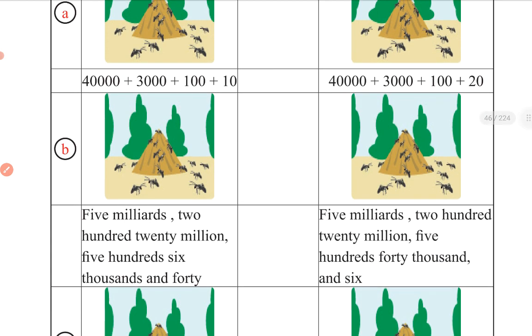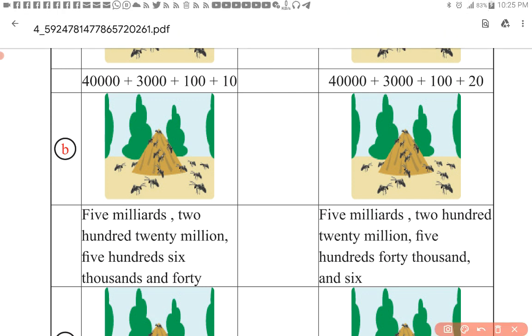Here we have numbers in words. Write them in digits. 5 million: write 5 first in the milliard place. Then 220 million. 220. 506,000. 506. And 40. 40 is 2 digits, so you need to put 0 at the left.